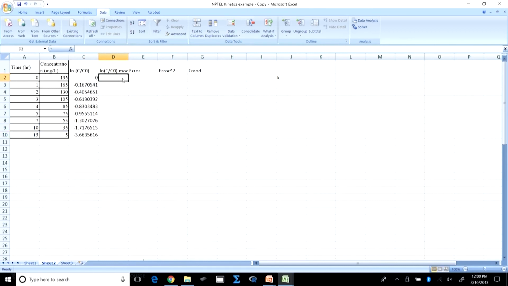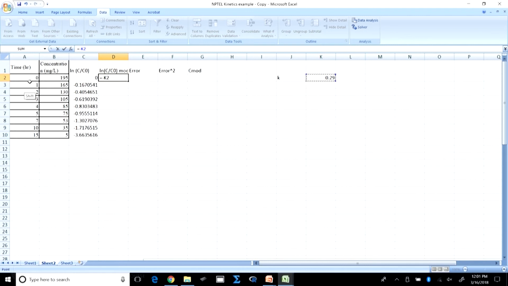Now I need to be able to calculate the modeled natural logarithm of C by C naught. For that I need to choose some value of k. I will start with the value that we had earlier, equal to 0.29, or 0.28, anyway that is fine. So let us go with equal to minus k times t, and where is t?